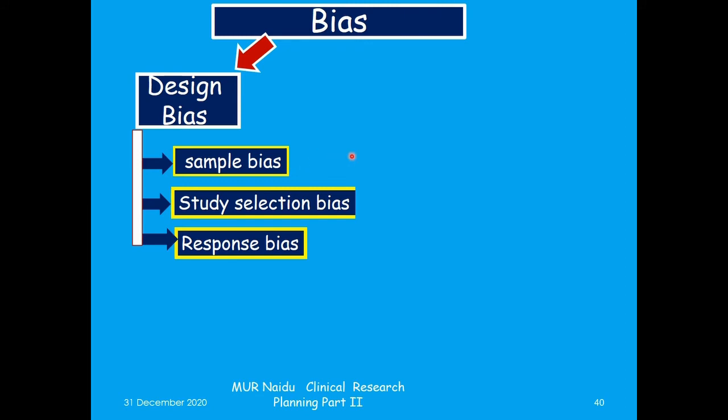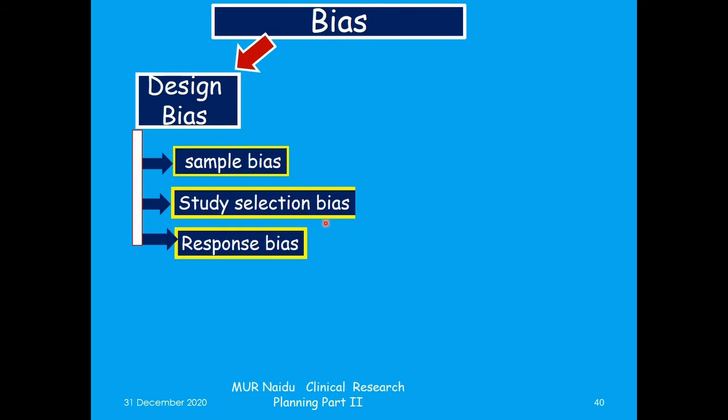Then study selection bias. This is another very important thing: you should be very careful in standardizing your inclusion and exclusion criteria. If you have taken some patients who are not fulfilling a criterion into the clinical trial, that bias will come and that will affect your result.